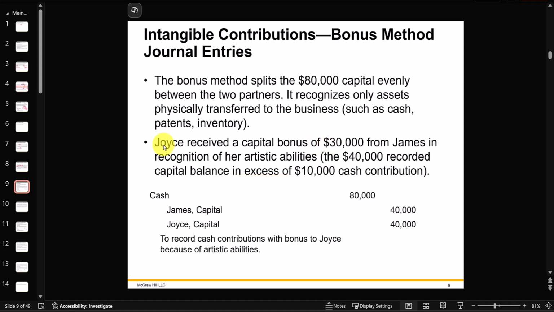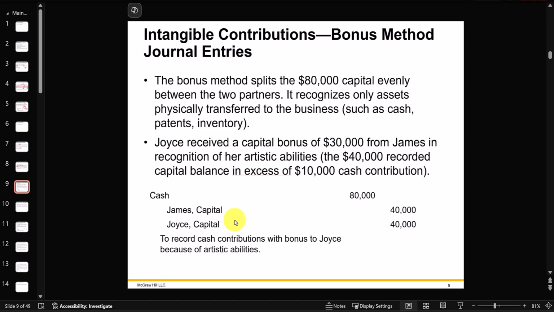That doesn't mean she gets 30,000 cash right away. Remember, this cash is just going to be sitting, working for our partnership. But now, in theory, if you were to liquidate this business right now, each would get 40,000. Okay? Again, ownership interest is different than sharing in the profit or loss of a business.